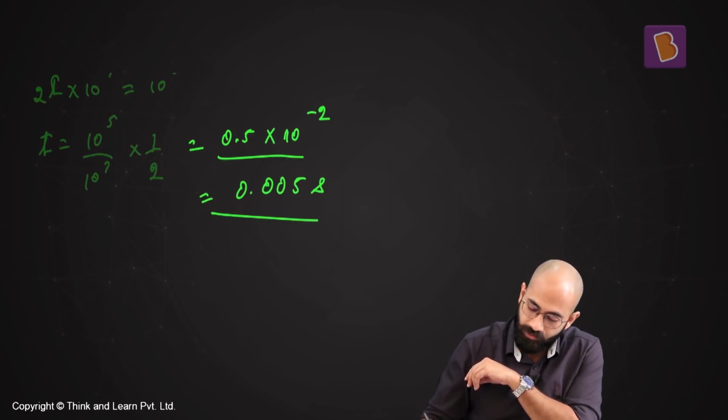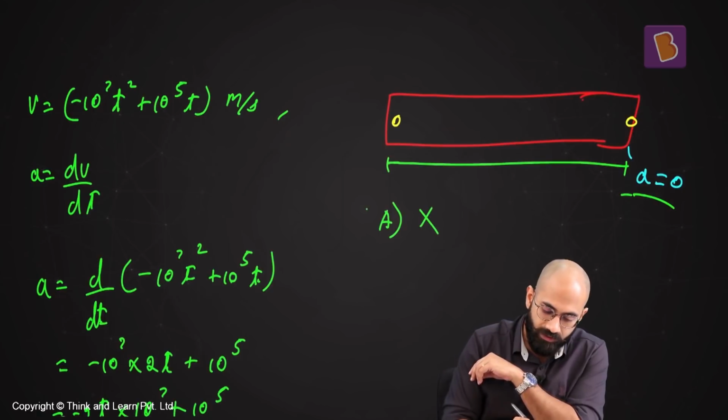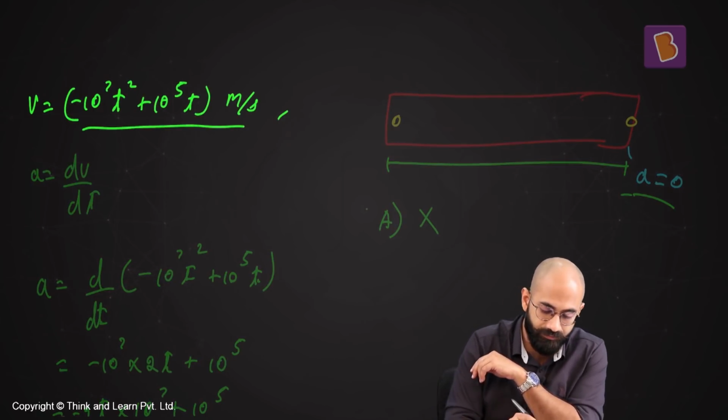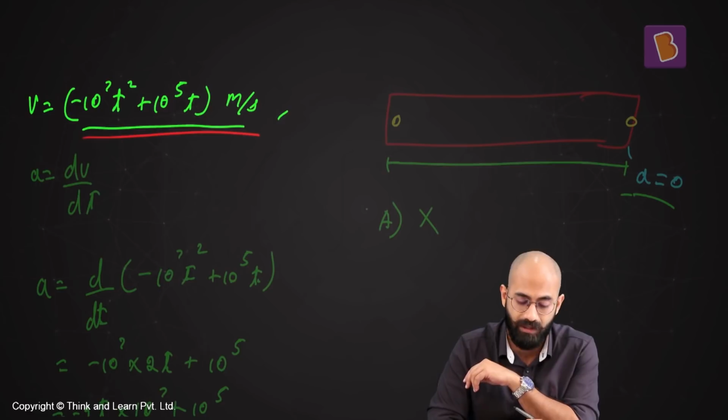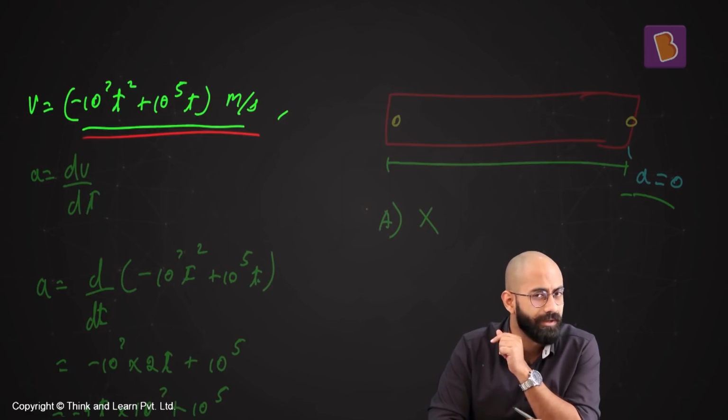So if we simply substitute this value in the initial equation that we have, then that should give us the speed at that point, right?